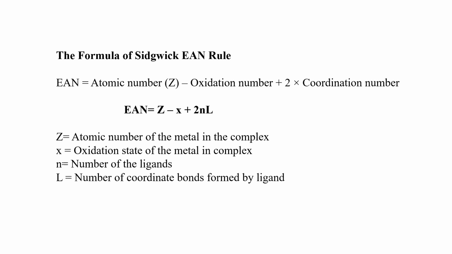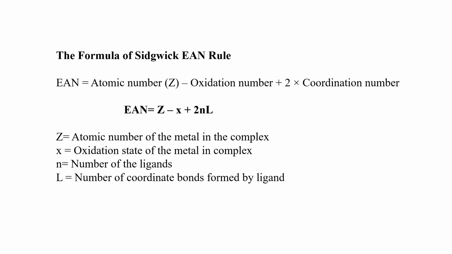How to calculate the effective atomic number for any central metal ion? In order to find out the effective atomic number of a coordination complex, first you have to take the atomic number of the central metal ion, the complete atomic number, right? From that atomic number, you have to subtract the oxidation number, the oxidation state of the central metal atom.